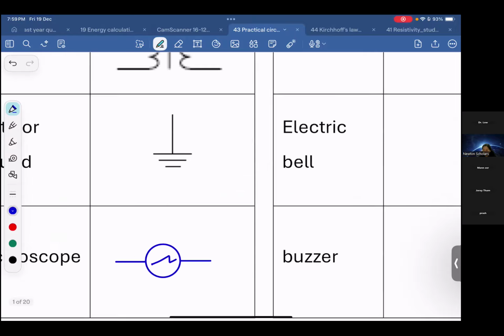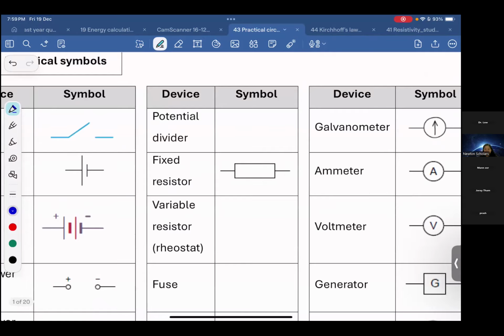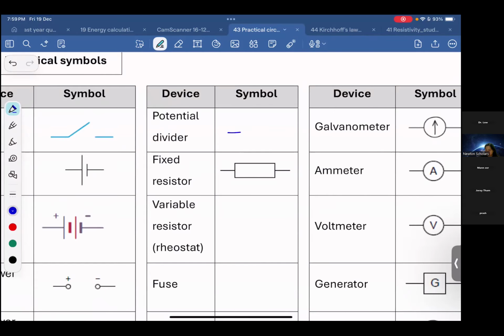Okay. So next, here, potential divider. In this chapter we will learn about the potential divider again. So the symbol for the potential divider is like this.